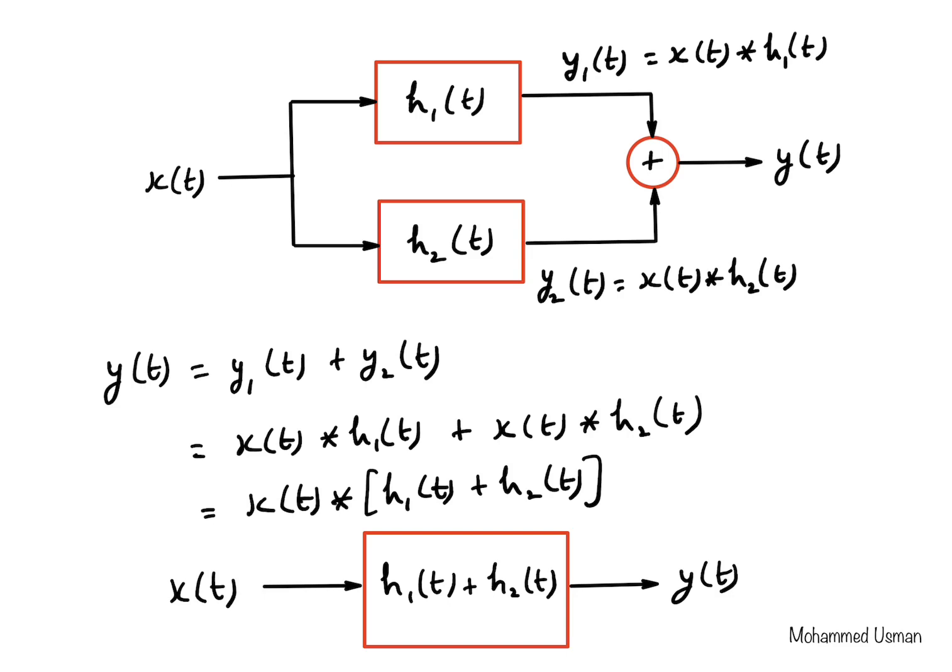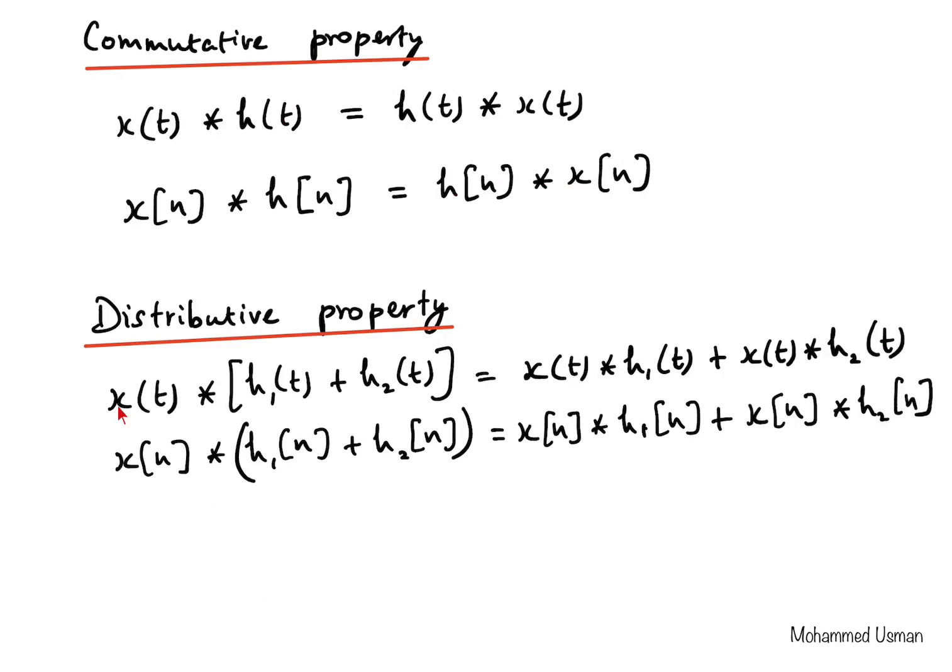And the same thing applies even if the system is a discrete time system, in which case, instead of h1 of t and h2 of t, we will have h1 of n and h2 of n in square brackets. Okay, so the distributive property applies to both the continuous time case as well as the discrete time case, which we have depicted over here.